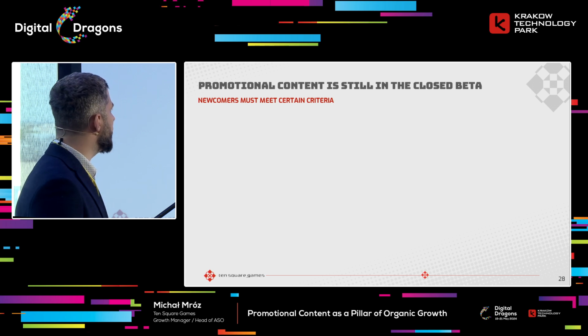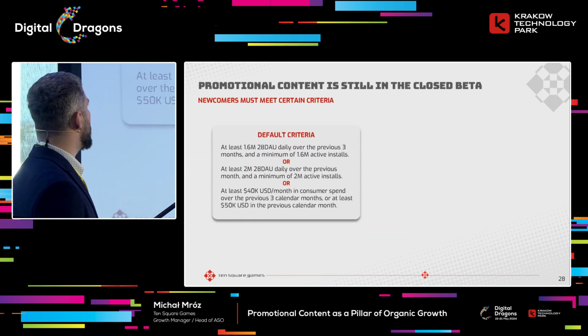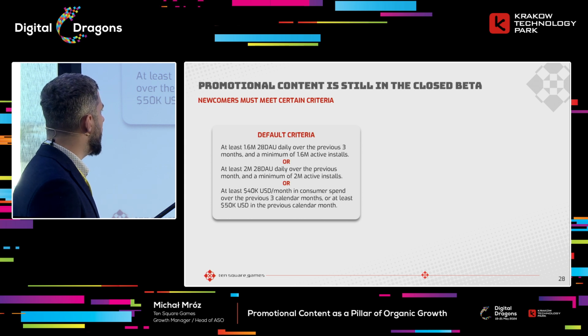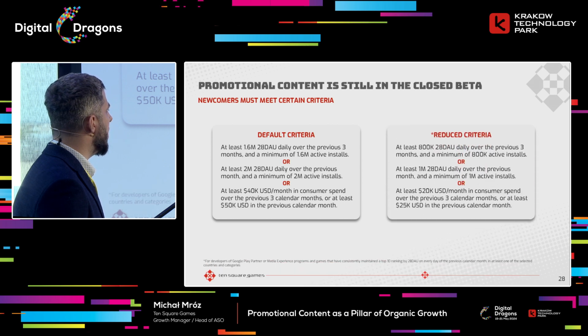There's just one additional thing that you maybe have to be worried about. I don't know if it's really a worry, but promotional content is still in closed beta. So if you're not there yet, you have to meet some specific criteria related to either your DAU or your revenue. If you're part of one of the Google developer programs, this criteria can be reduced to a much softer, much easier version.